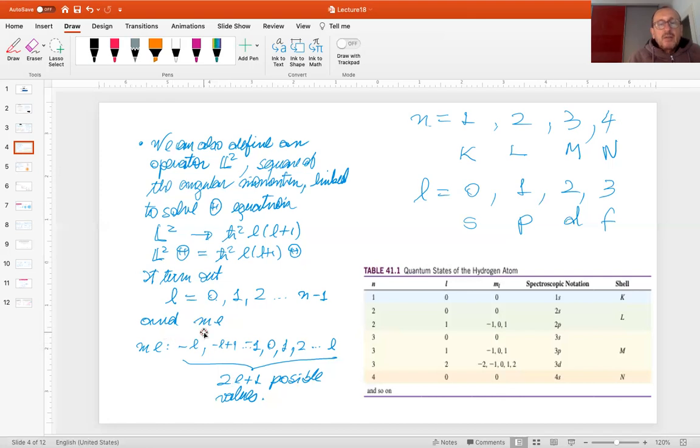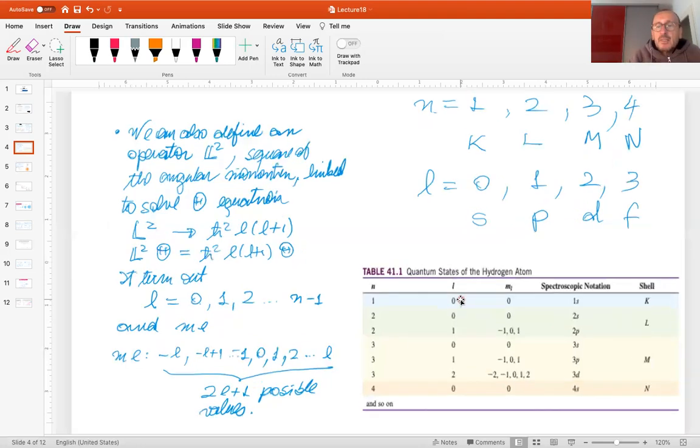And now the value of m, which is linked to this L value here, goes from minus L to plus L. Okay, so for each value of L, there are 2L plus 1 possible values. Minus L to plus L, 2L plus 1. So if I start looking now at the different levels in the system, this is how it looks.